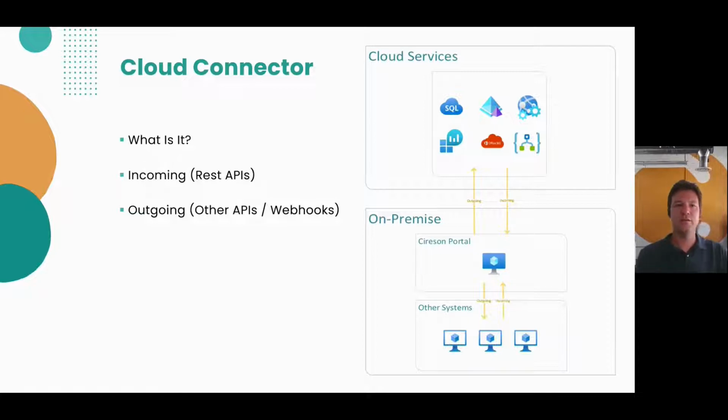It's functionality where you've got to be on version 11 of the SCSM portal. And there's really two sides to it. There's a REST API side, and there's also a webhooks, other API side to it. So from a REST APIs side of things, you're getting these new APIs that are really flattened and a lot easier to work with.